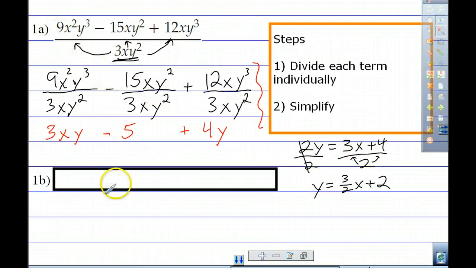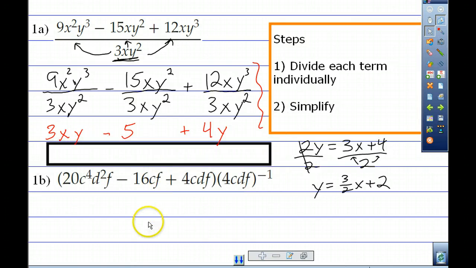The very similar question can be written like this. Now, what's different about this, obviously? Yeah, we have this negative exponent. But what does that mean? It gets moved to the bottom, just like we talked about last week.